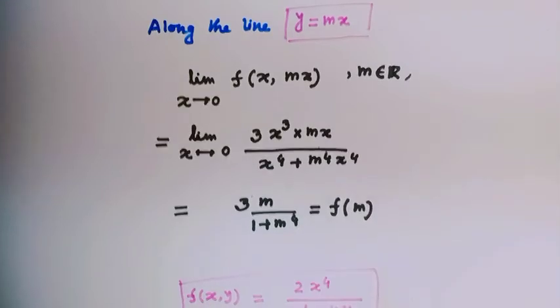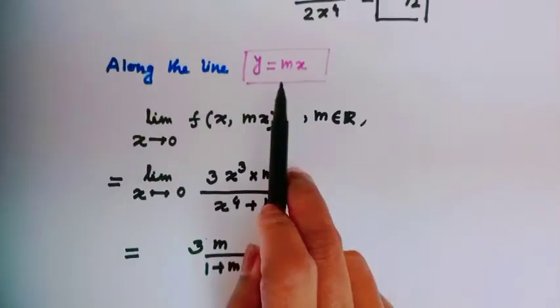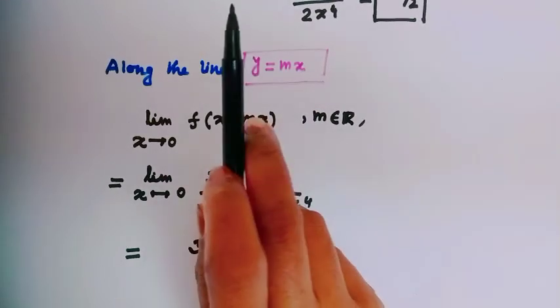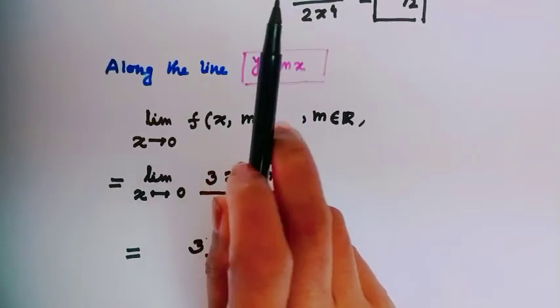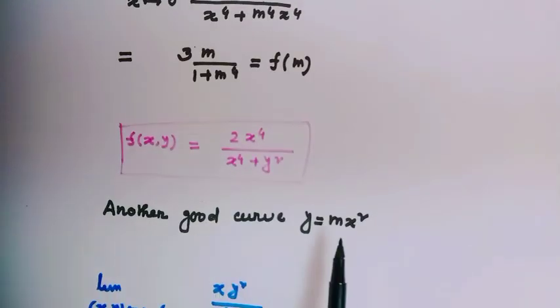Another good curve is y equal to mx square. Okay. Y equal to mx is stronger and better than y equal to x, y equal to minus x. Similarly, this is also a good curve.